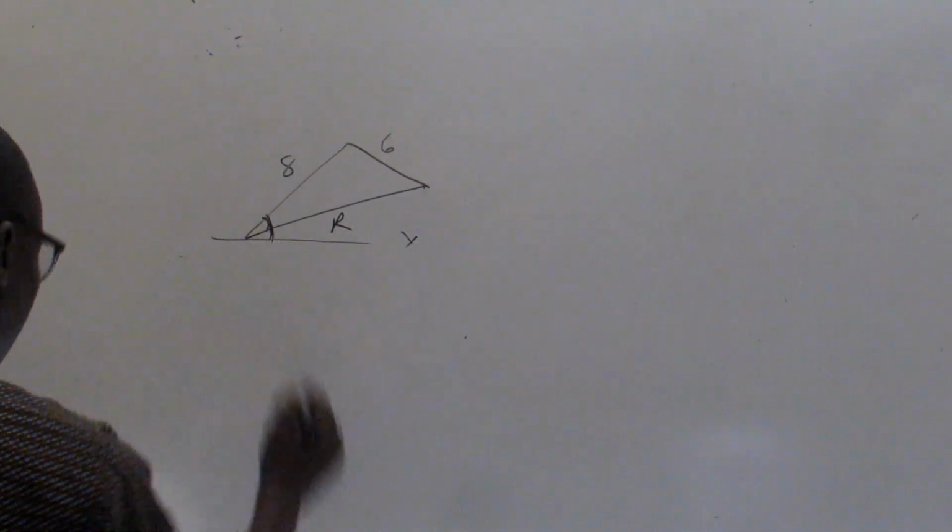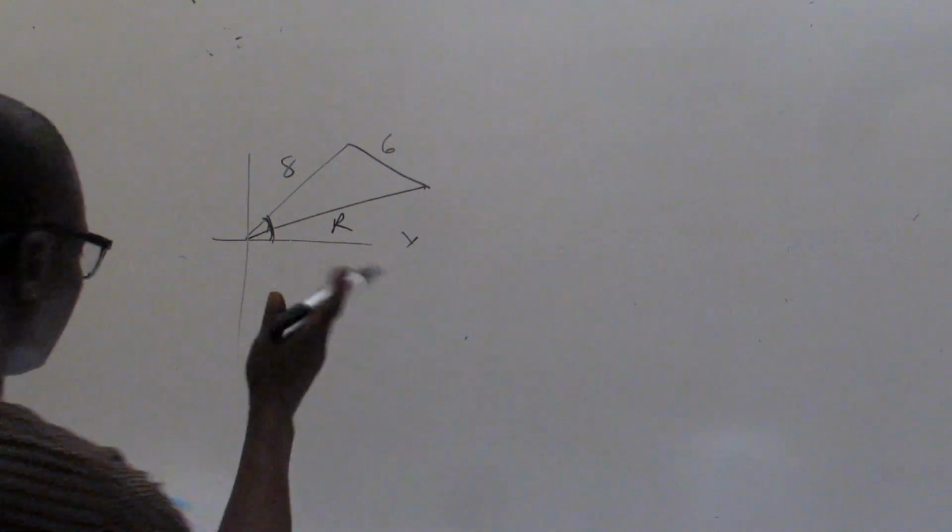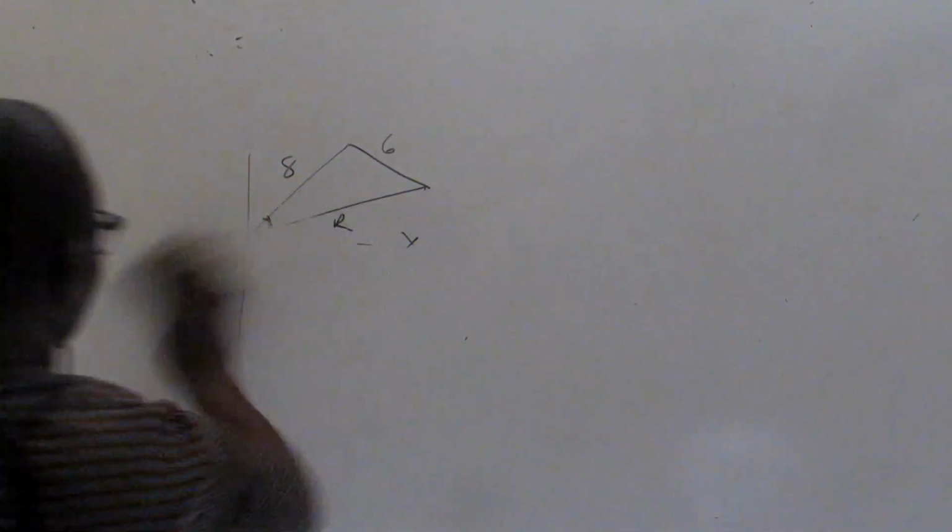So to find theta, this is not well drawn as it is, it's not perfectly drawn. Let me put it back so that we have this 60 degrees, and then 40.